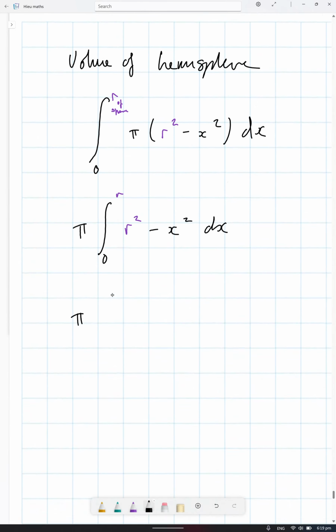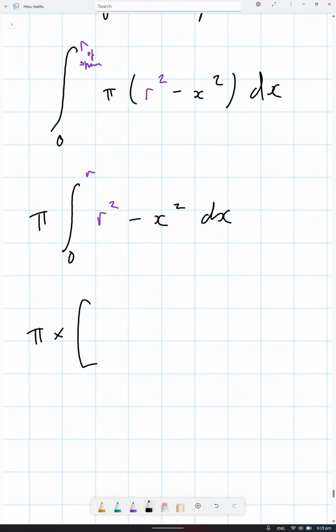So what this turns out to be is, okay, r squared is technically r squared multiplied by x to the power of 0, right? Because r is a constant, it's just the radius of the sphere.